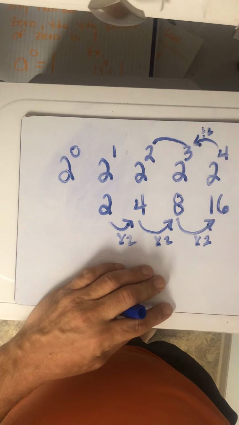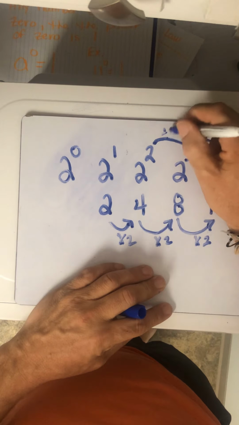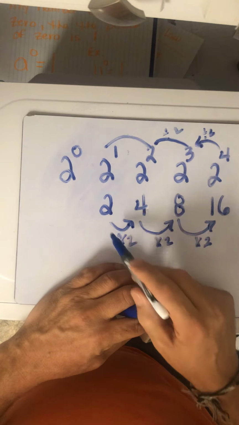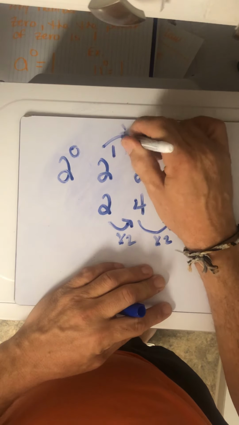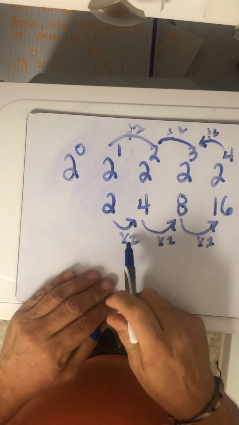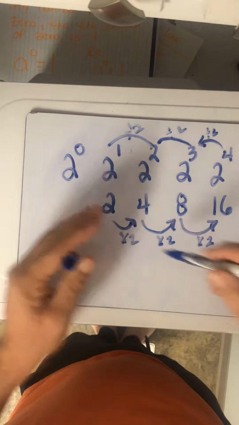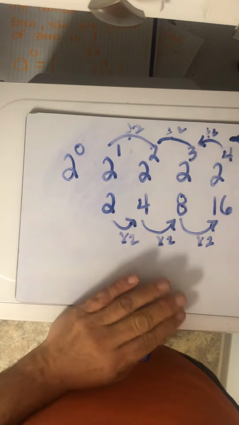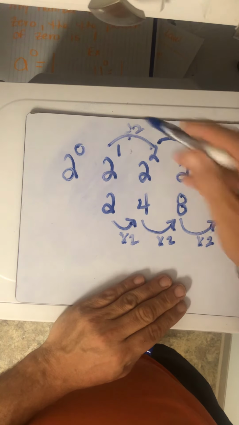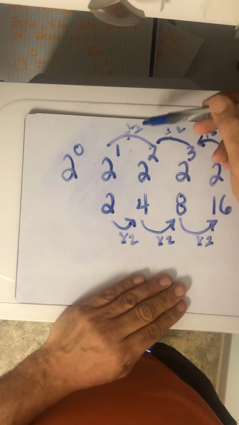Going from 2 to the third to 2 to the second, 8 divided by 2 is 4. Going from 2 squared, which is 4, to 2 to the first, which is 2, I'm dividing by 2. So that's the pattern of exponents. We're multiplying by the base as we go up. As we go down, we're dividing by 2. Every time we decrease one of the exponents, we divide by 2. So 16 divided by 2 is 8, divided by 2 is 4, divided by 2 is 2.